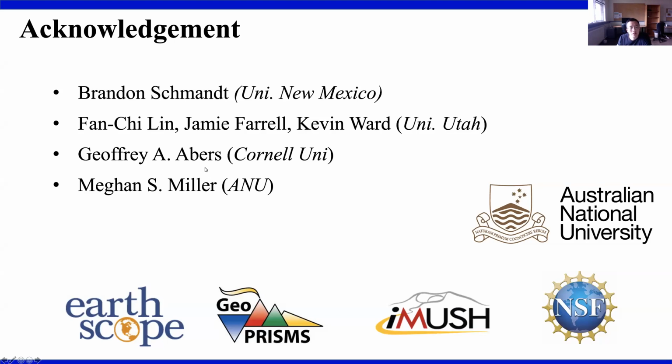And Jeff Abers from Cornell, who is one of the leading PIs for the iMUSH project, which stands for Imaging Magma Under Mount St. Helens. I'm using quite an amount of data from that, which is supported by EarthScope and GeoPrisms funding. And I would also like to really thank Megan for having me here.